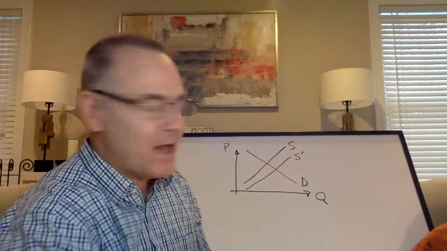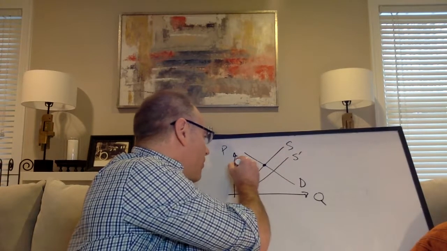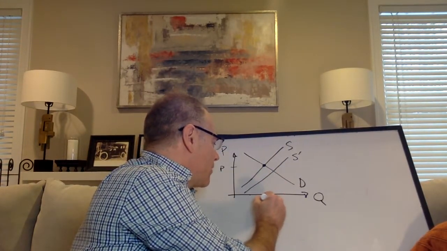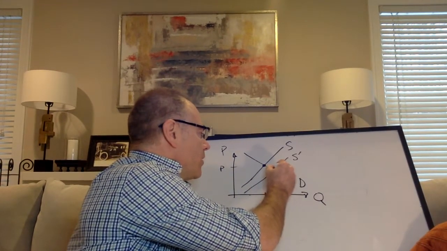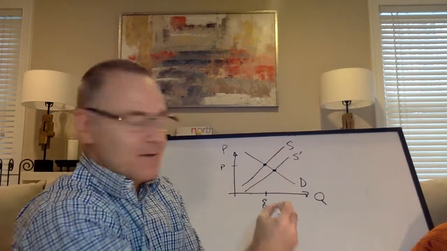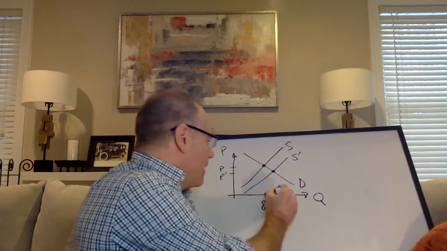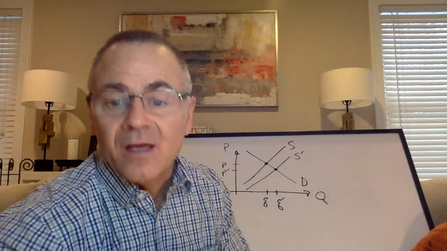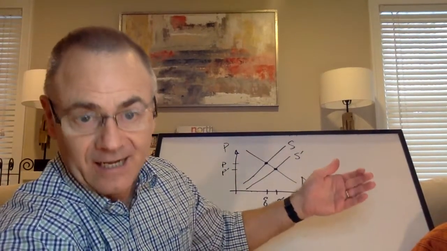And so what happens is, at this point, that was the former market clearing price and market clearing quantity. The new market clearing price and quantity is this new dot, and that's going to have price P prime and a quantity Q prime.